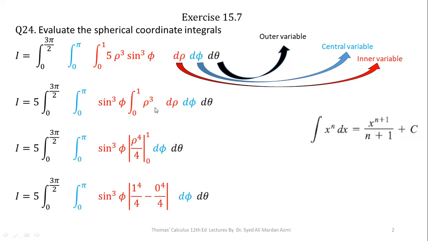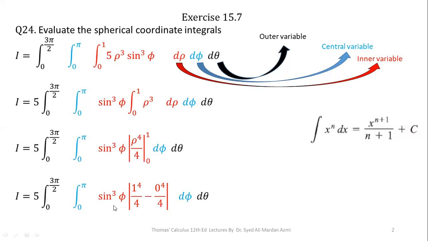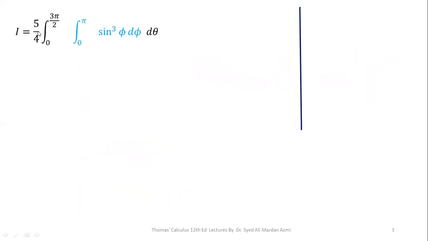So we have sine cube of phi times 1 by 4. And this phi, which was the constant number, I have already taken it outside. So when we multiply 5 with 1 by 4, it becomes 5 by 4 for the limit 0 to 3 pi by 2, limit from 0 to pi, sine cube of phi d phi d theta. Now, up till here we have completed the process of integration with respect to rho. Next we will integrate sine cube of phi with respect to phi.